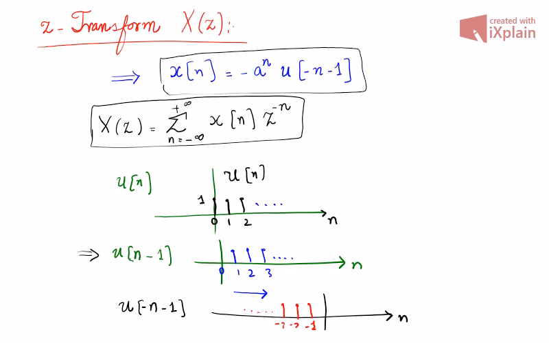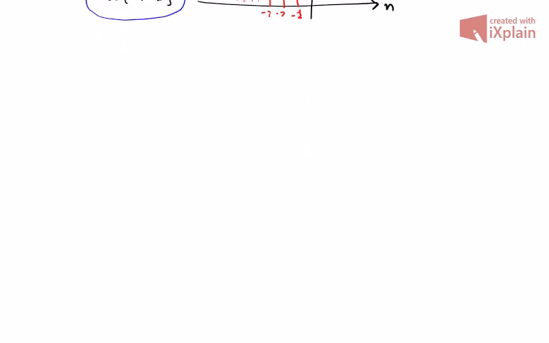So we would modify the limits of summation, the upper and lower limit of summation of X of z, according to u of minus n minus 1. So let me rewrite this expression now. I would rewrite X of z, which is the summation from n equals minus infinity to plus infinity, x of n z to the power minus n.